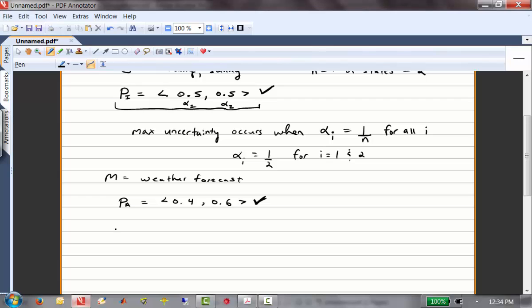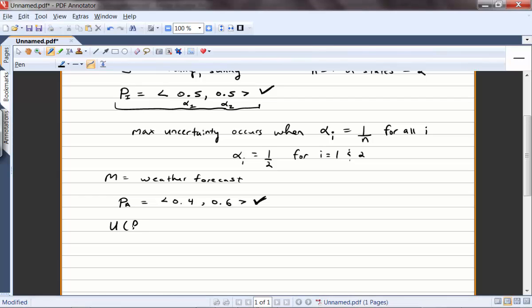Alright, so what we want to do is calculate the uncertainty of the initial state probability distribution. And the reason we write it like this is that the uncertainty of the initial state probability distribution is a function of the probabilities. It's not that we're uncertain in these probabilities. No, we're very certain initially. These are the probabilities that we attach.